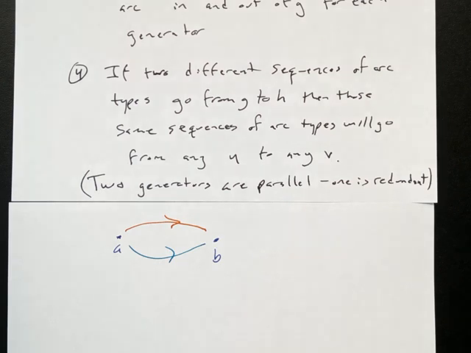If both of those arcs are in there, then those two generators are behaving the same. And that means somehow I used 2 twice. Shouldn't be doing that.